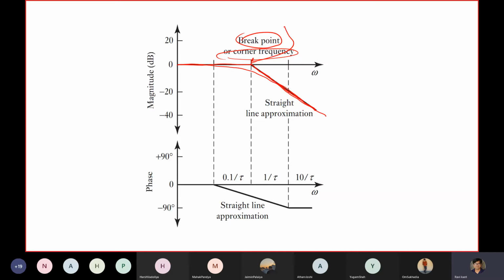It goes asymptotically, something like this. And this also is a mere representation, but it would look something like this.